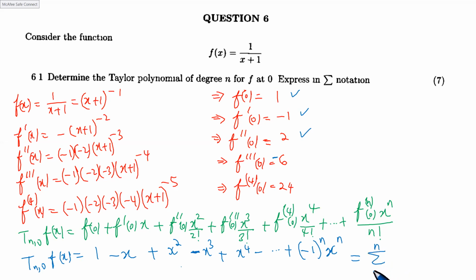So in the end, you have the sum from r equals 0 of minus 1 to the power r times x to the power r, like that.